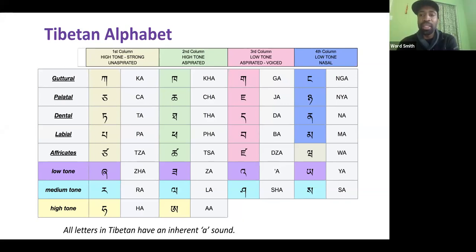So it presents really specific challenges. And one of those challenges is it's impossible to make the sounds of Tibetan with English letters as your foundation and English sounds as your training, because those sounds from Tibetan do not exist in English.